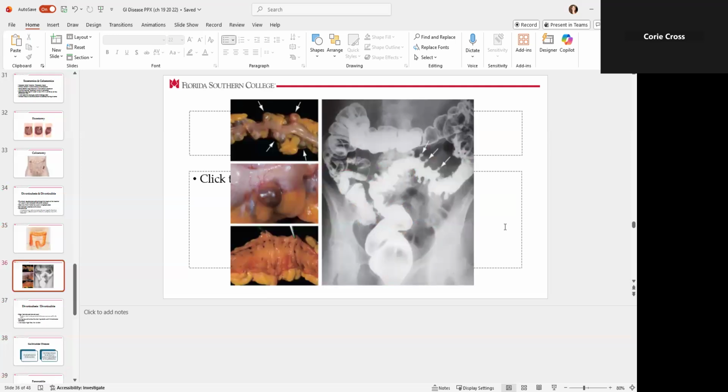And then this shows diverticula on the right here, and then most likely on the left side here, the two upper left pictures are diverticulitis. And then it looks down here as though there are some perforations with the small holes that you can see in this picture.